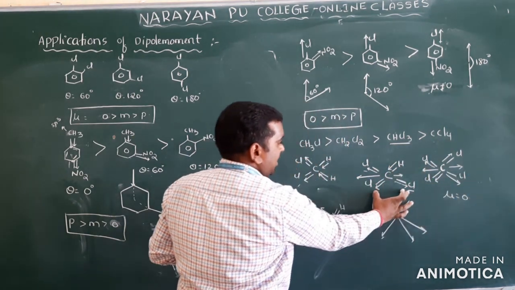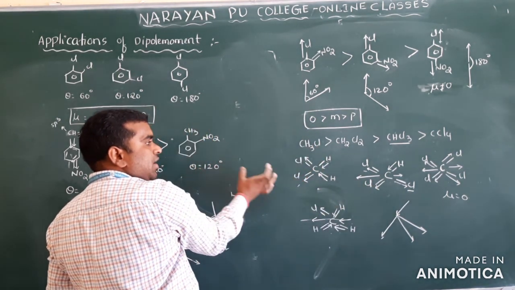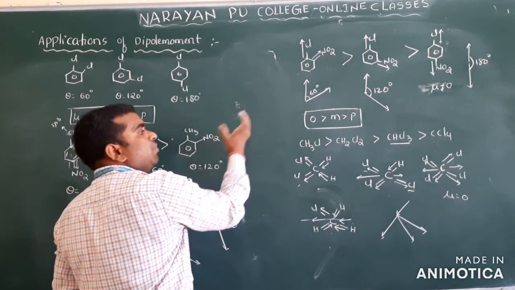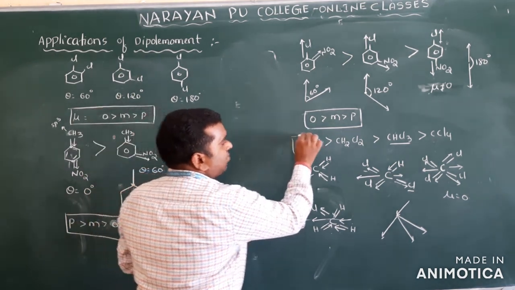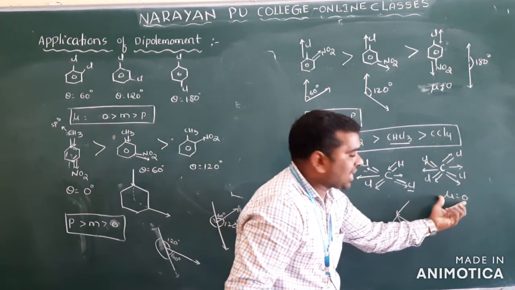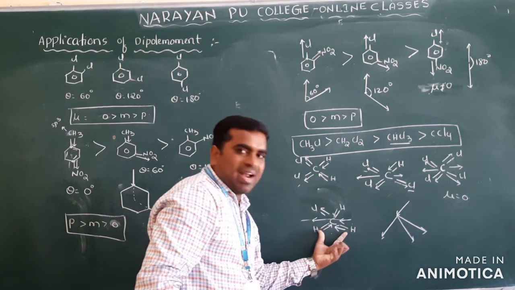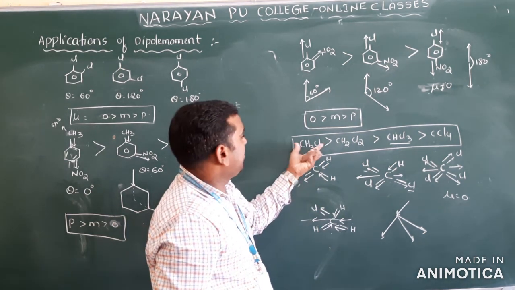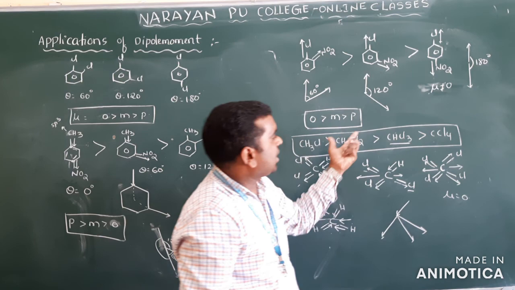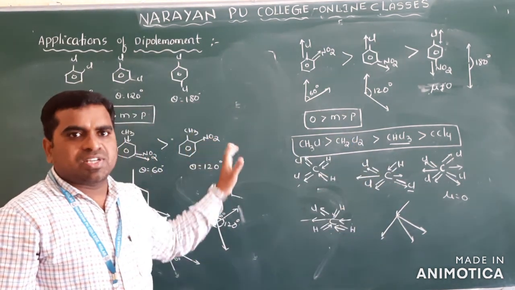Some cancelled, and here added. And for CH3Cl the net dipole moment addition will be more. So this is the order. Understand? You see all dipole moments are cancelled here. Here some are cancelled. More will be added here. So that's why CH3Cl will have the highest dipole moment compared to the remaining. This is about dipole moment. Dipole moment applications are very important for complexes.